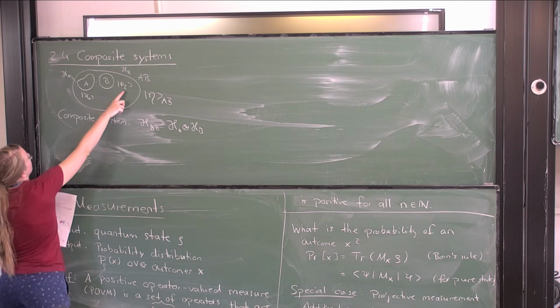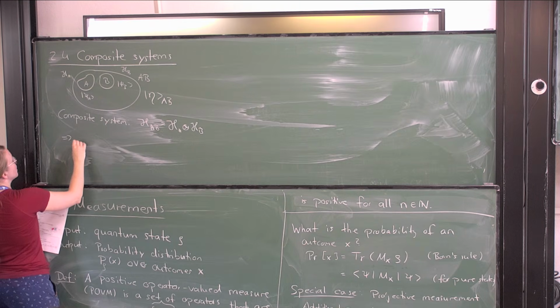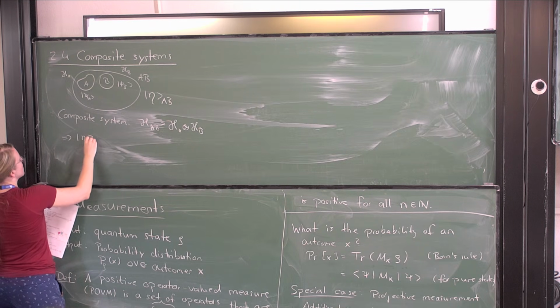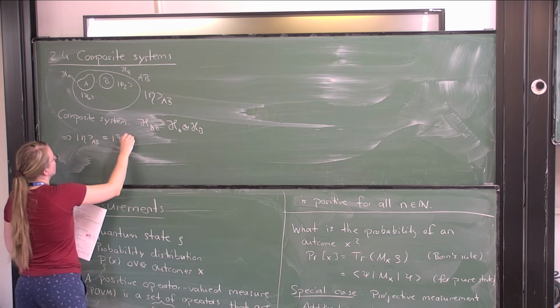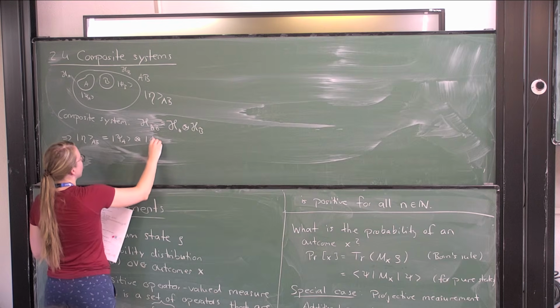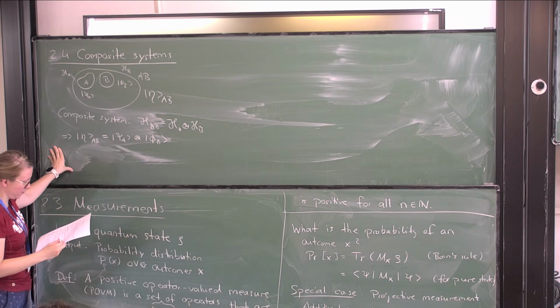So if I know that my individual systems are in these pure states, then I directly know that the state of the composite system is the tensor product of the two individual states.